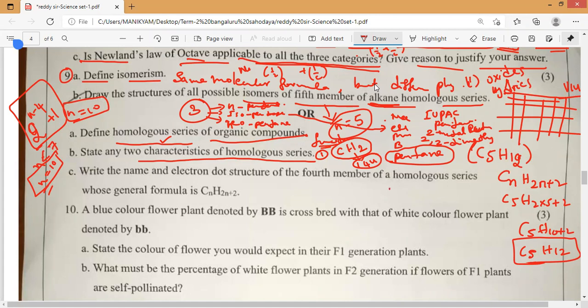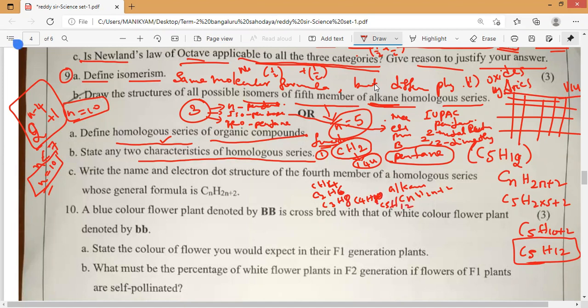Suppose you take all the alkanes, we can represent all the alkanes with the same general formula. What is that? CnH2n plus 2. So if you take the examples, you can write CH4, next C2H6, next C3H8, next C4H10, and C5H12.